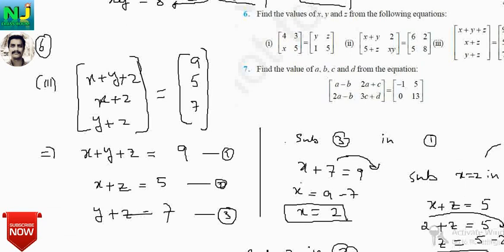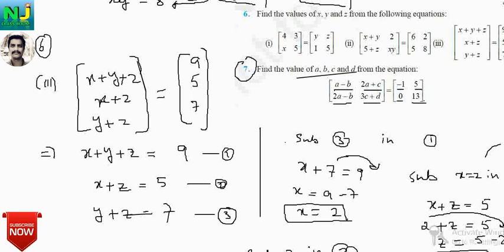We solved 3 problems like that. Using the same method, solve question number 7. What is question number 7? Find the values of a, b, c, d from the equation. Problem number 7: a minus b is equal to -1, 2a plus c is 5, 2a minus b is 0, 3c plus d.